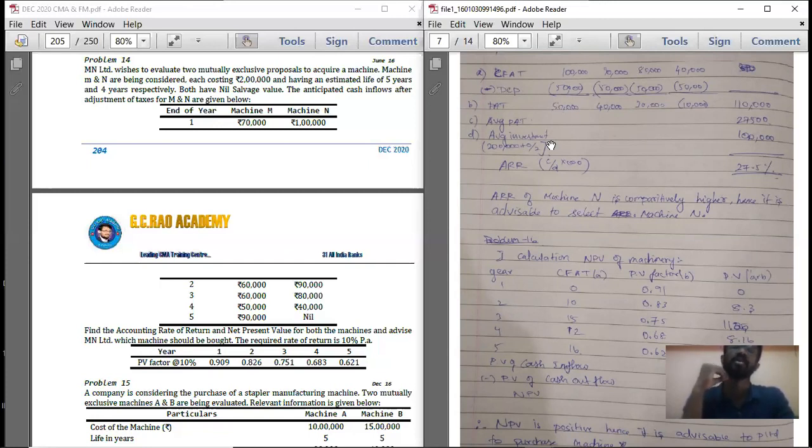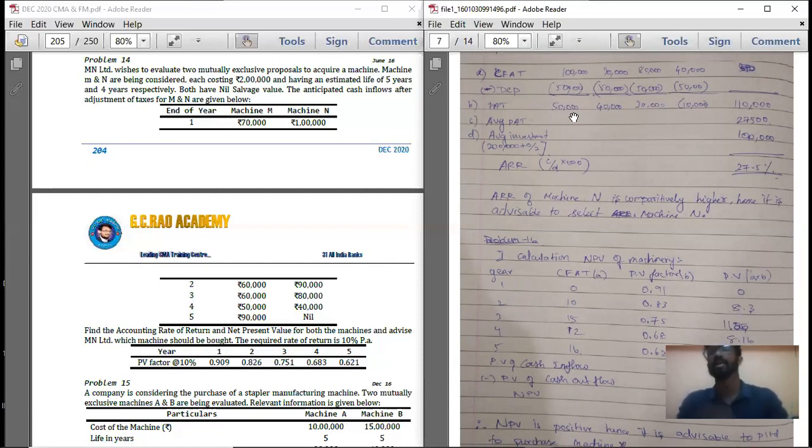See, average PAT is the summation of all the PAT values divided by the number of years. Here the PAT values are 50,000, 40,000, 30,000 and minus 10,000. If you add everything, you are getting 1 lakh 10,000.